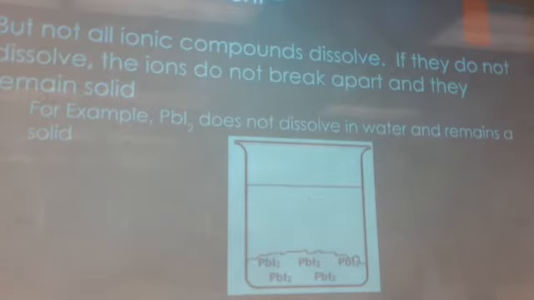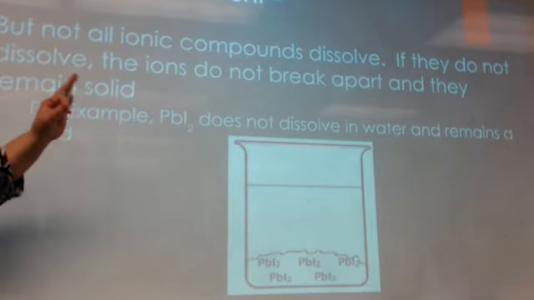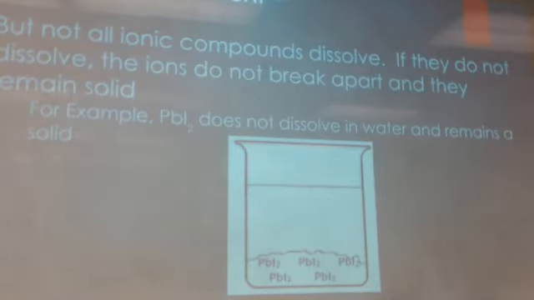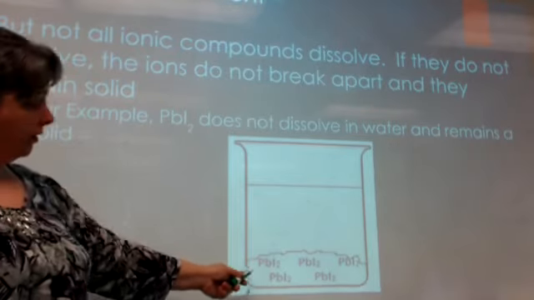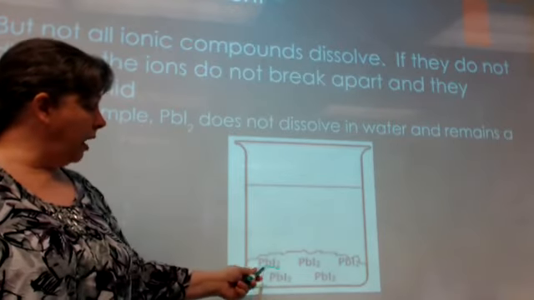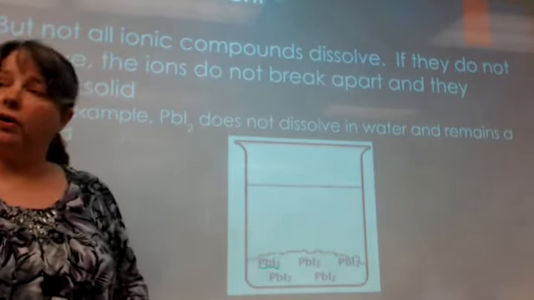So that is why we see solids in these reactions. Okay, so something that does not dissolve remains a solid or becomes a solid if the combinations are right. Notice when it is a solid, we don't write the ions because it is still part of that compound.